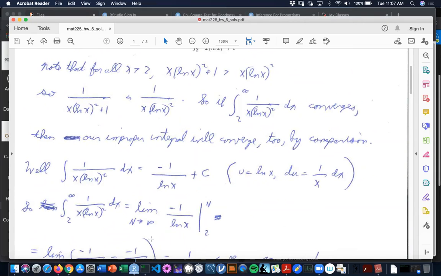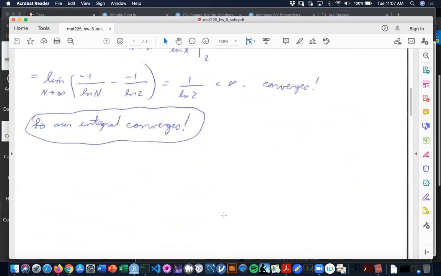You've got to get your function to be less than a function whose improper integral converges in order to pull this off. Comparison tests are tough.